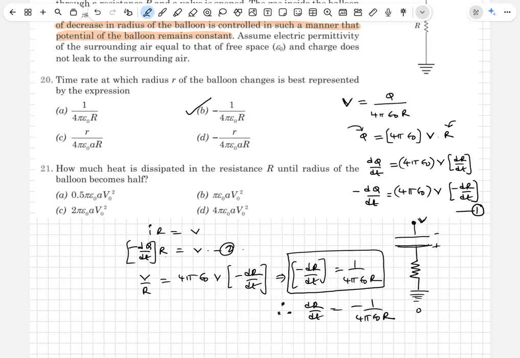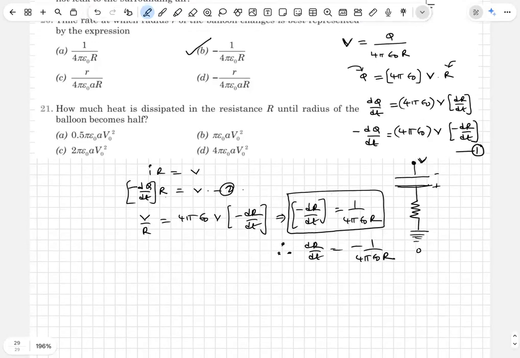How much heat is dissipated in the resistance R until the radius of the balloon becomes half? See, very clear. When the radius of the balloon becomes half of the initial value, by that time the charge also becomes half of the initial value because you said Q is proportional to R, right?